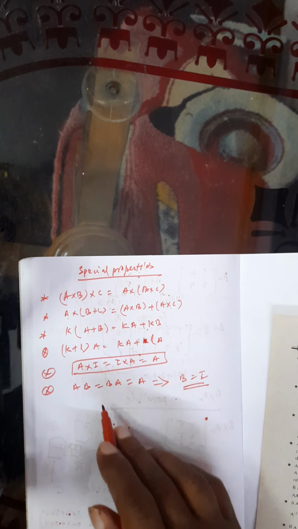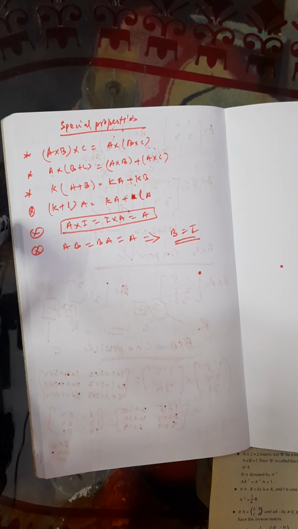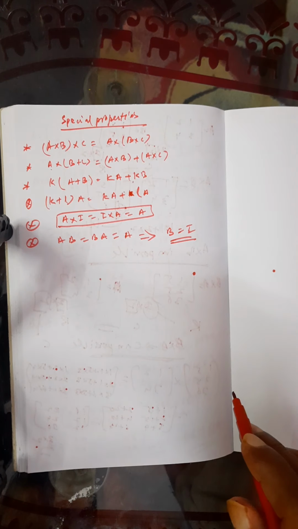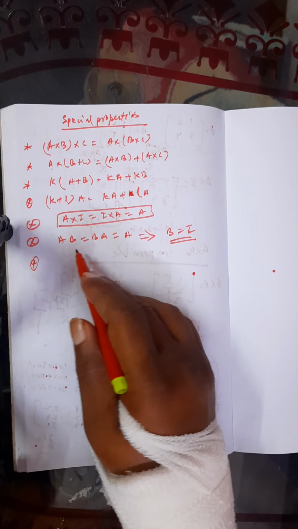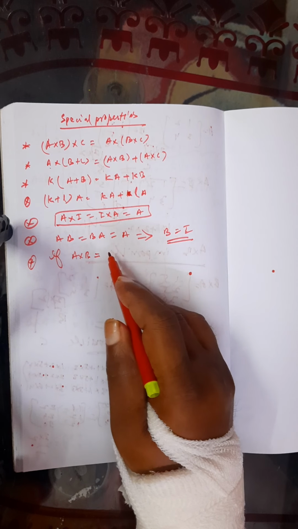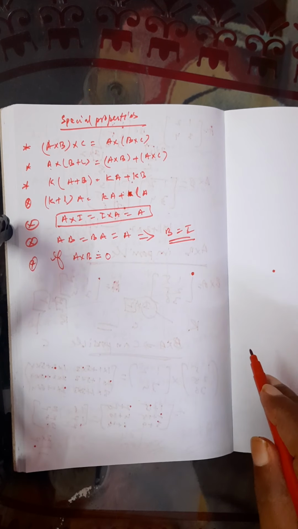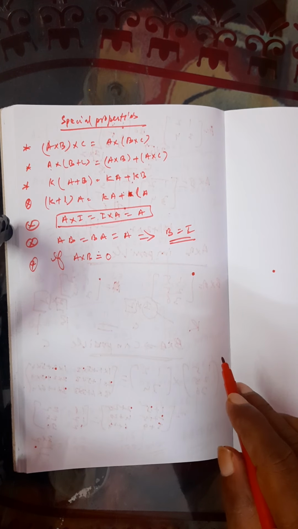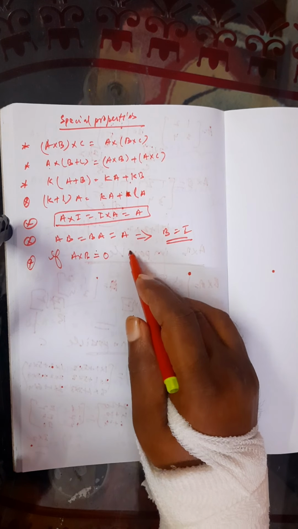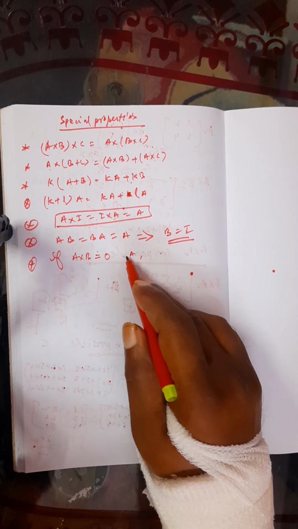Now, the determinant of a matrix is very important. One more condition: if we are getting the product AB equal to 0, then either A or B need not be 0.